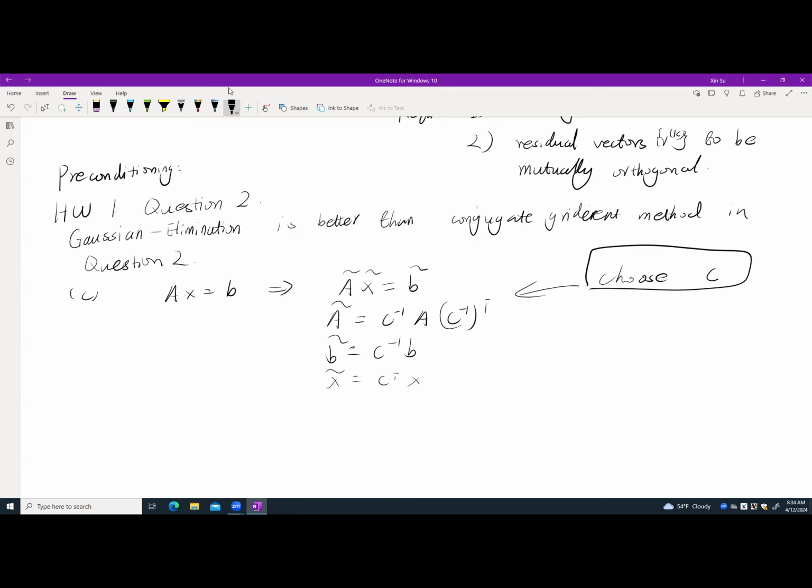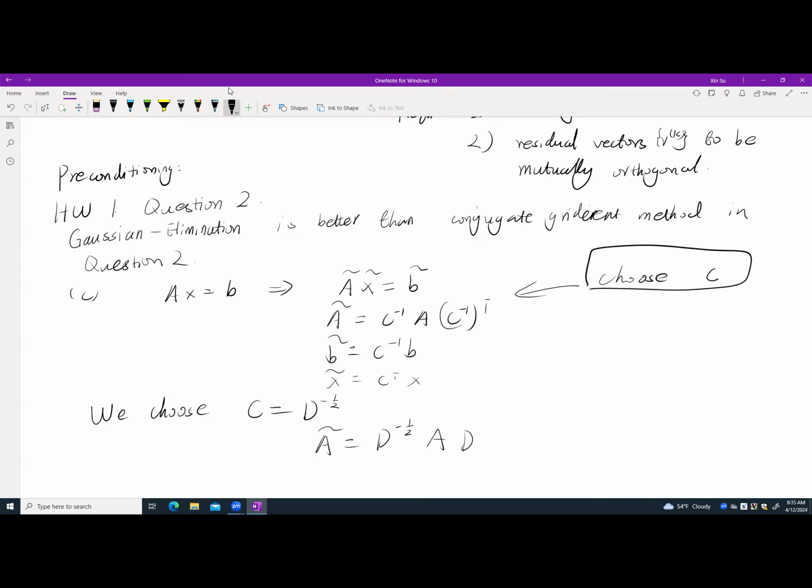And let's see, in your questions 2C and 2D, we choose the D inverse here. We choose C to equal D to the power of -1/2, where D is the diagonal of the A matrix. If you go back to take a look at the A tilde here, then we will have D to the power of -1/2, then A, then D to the power of -1/2.